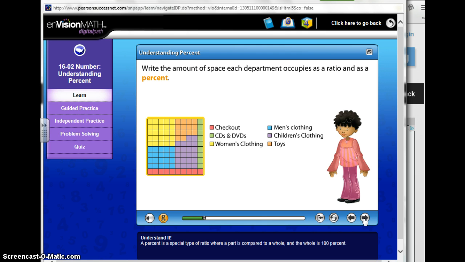How about CDs and DVDs? Darius? That's the light green. Let's say it as a ratio first, not out of. 9 to 100, which is what percent? 9%.